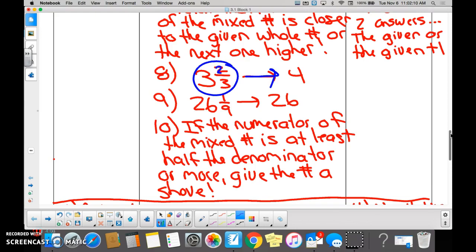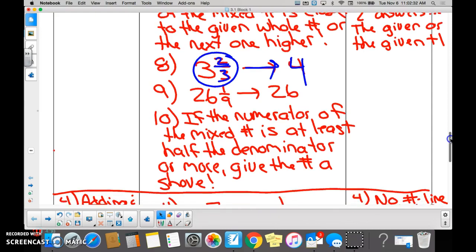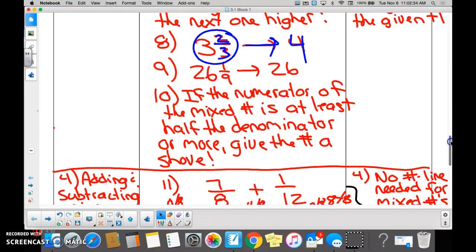Why did it tell us to push this number to 4? Because half of 3 is 1.5 and 2 is greater than that. So if your numerator is at least half of the denominator or more, you give it a shove. And then number 9, 26 and 1/9 just stays 26 because 1 is nowhere near half of 9.